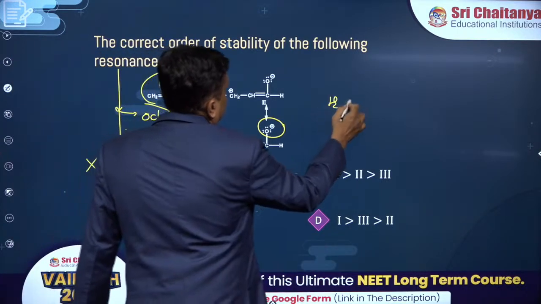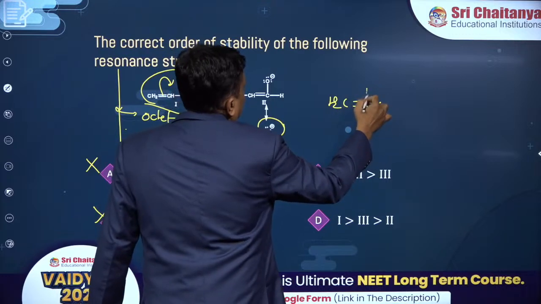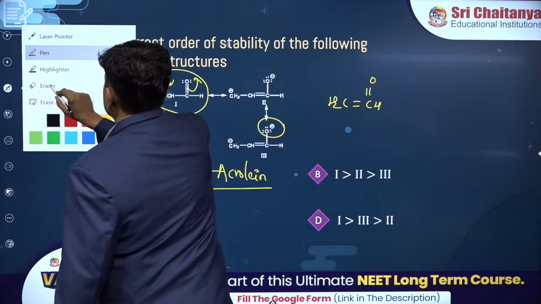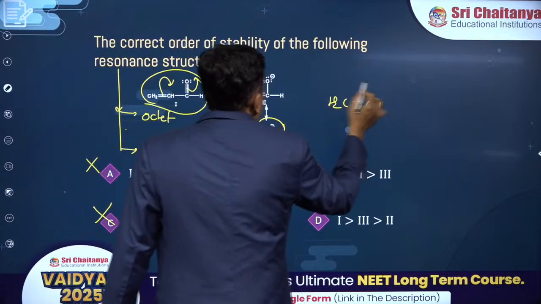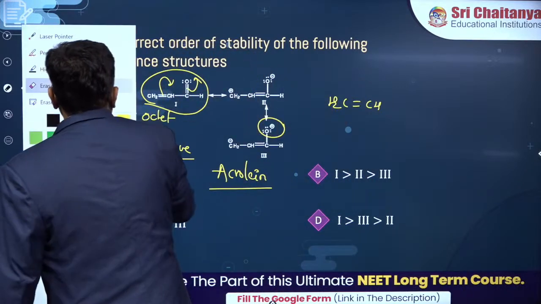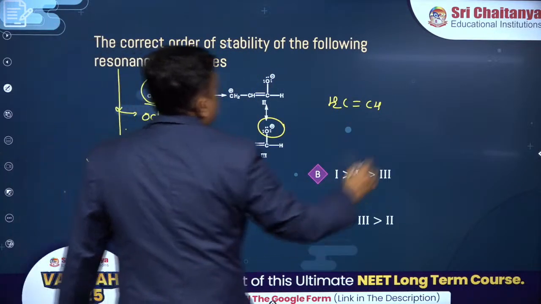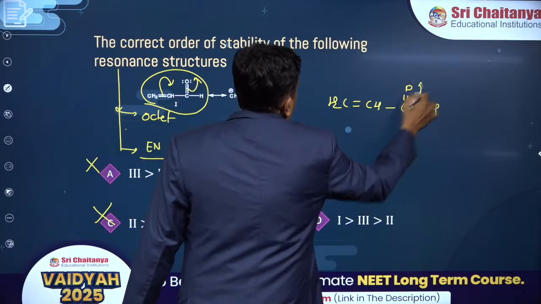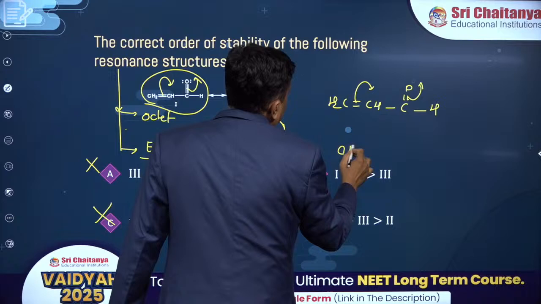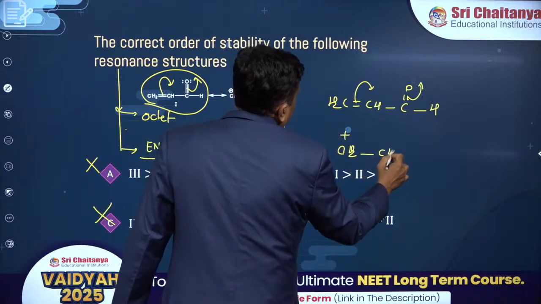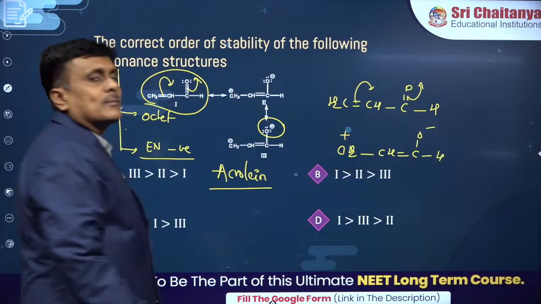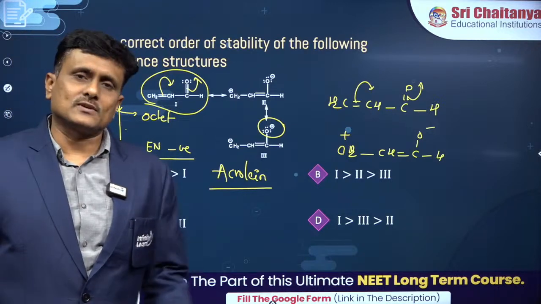That means when you are writing resonance in this compound, you know that the shift is going to take place upwards to give you CH2 plus CH double bond CH O minus. So these two are the prominent resonating structures of acrolein.